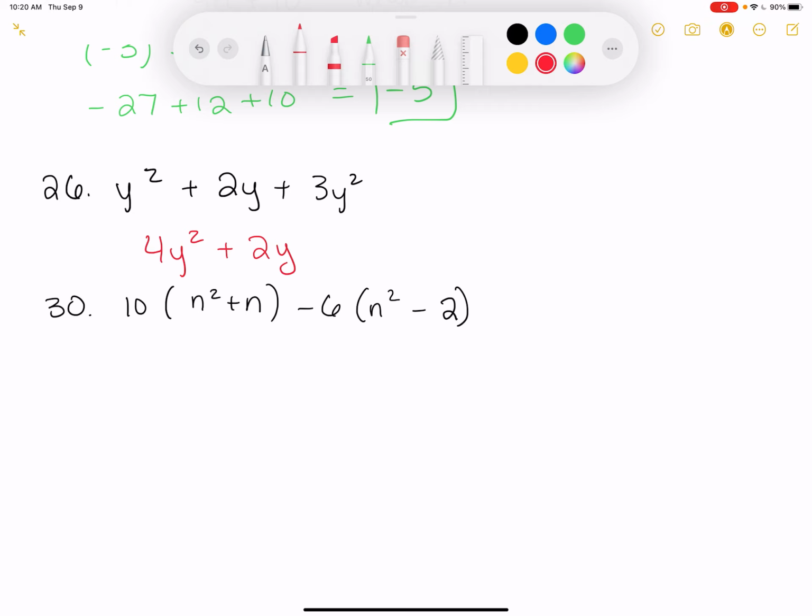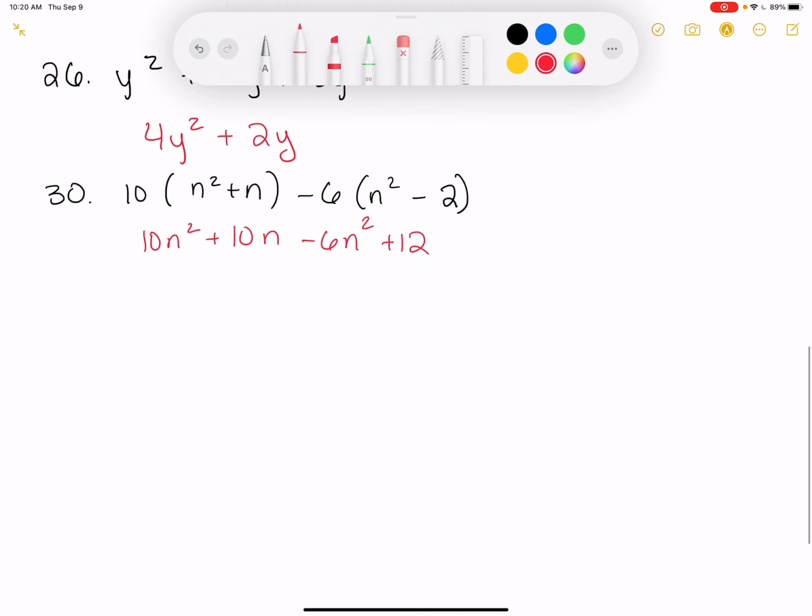So that gives me what? 10n squared plus 10n minus 6n squared plus 12. All right, and then am I done? Combine like terms. So that gives me what? 4n squared plus 10n plus 12. And now we're done.